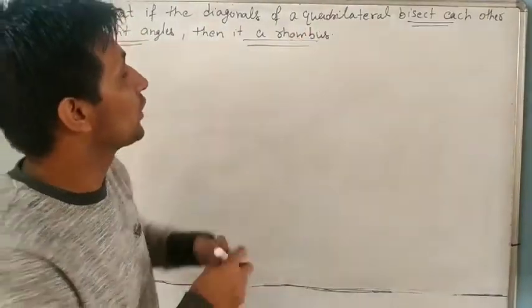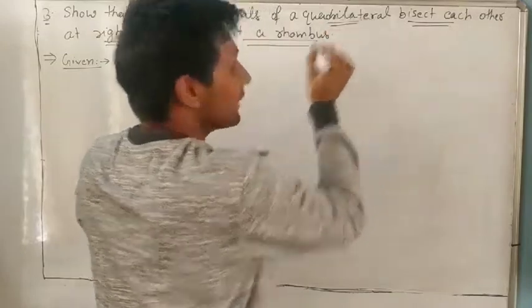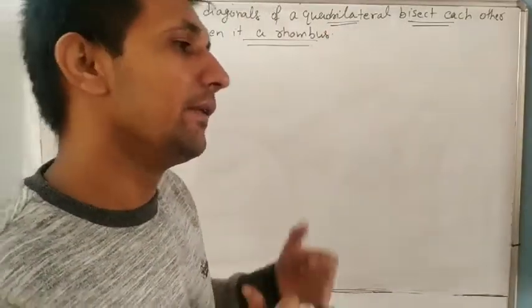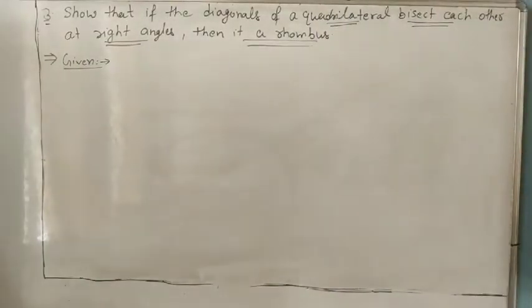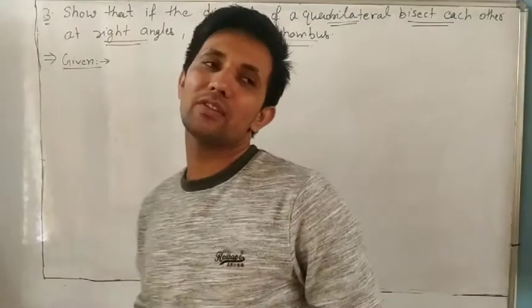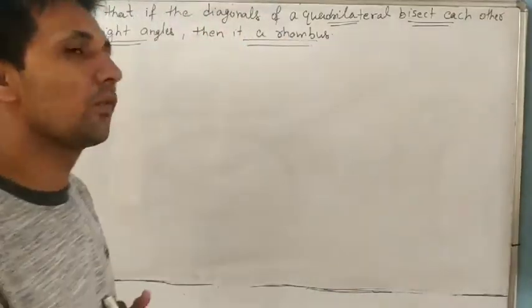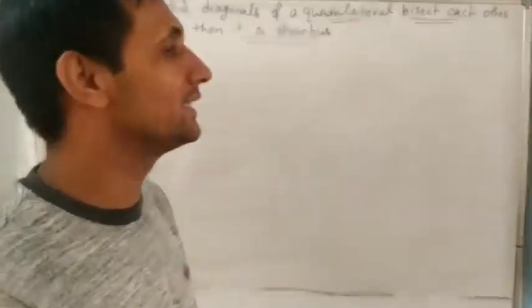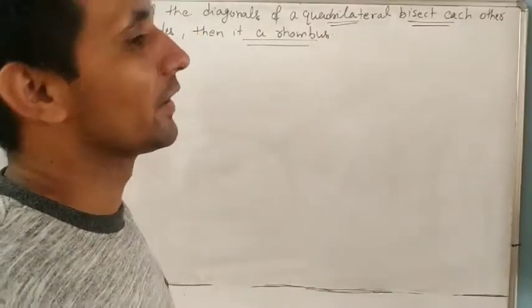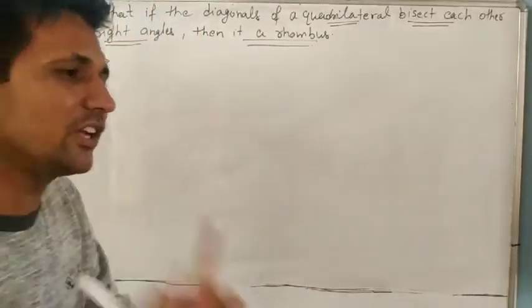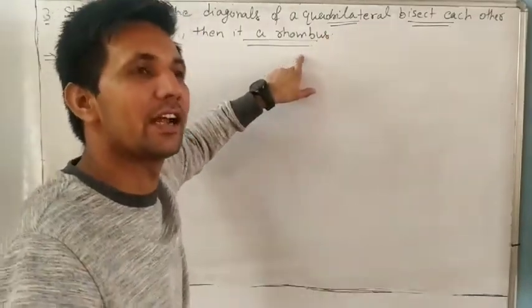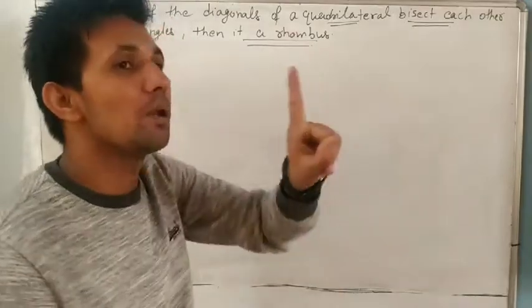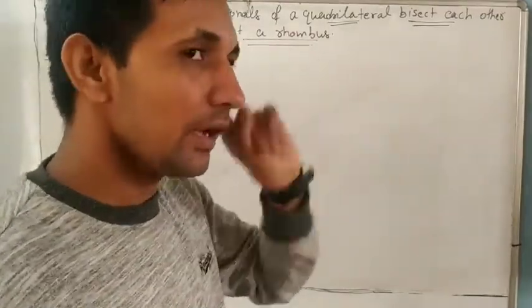First we will show that this quadrilateral is a parallelogram, and then that every side is equal, so it is a rhombus. Always, if a quadrilateral is given and we want to prove it is a rhombus, rectangle or square, first we prove that it is a parallelogram. Understand?